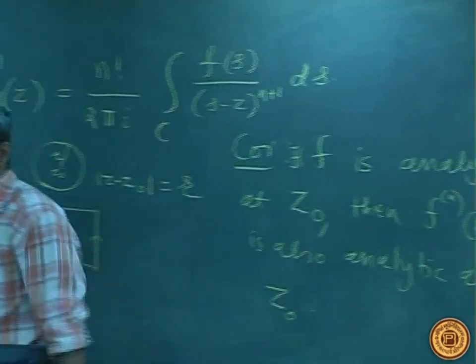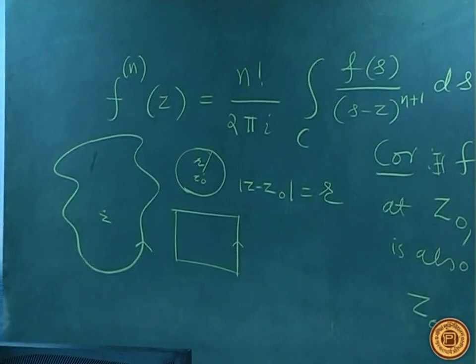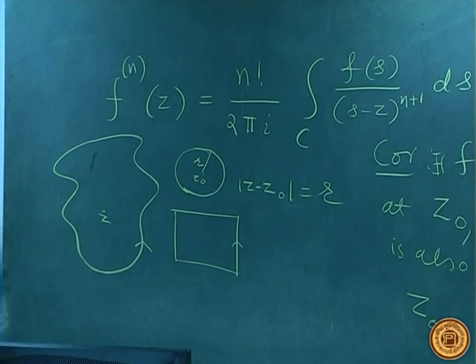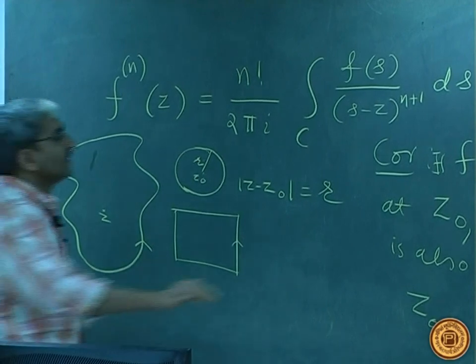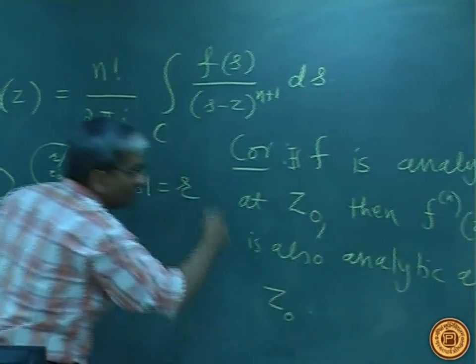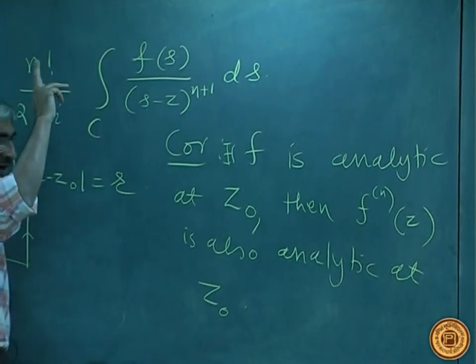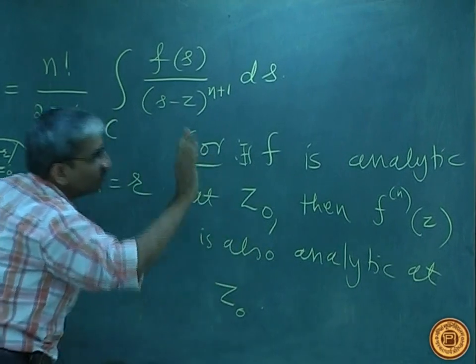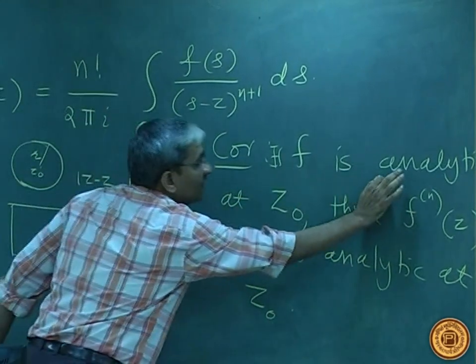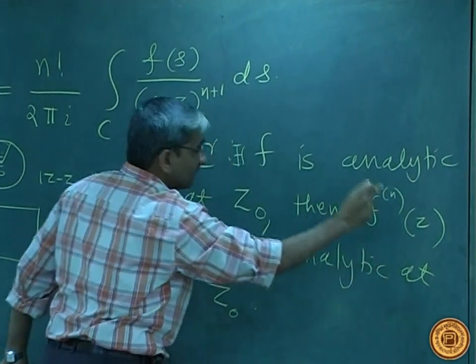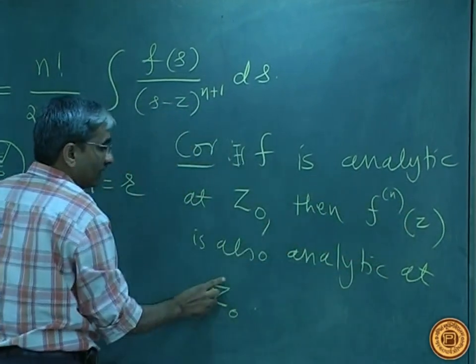A function may be differentiable at one point and differentiable 2 times but may not be differentiable 3 times. Whereas this corollary will enable us to find the Taylor series expansion of the function just on the basis of the assumption that it is analytic. So if it is analytic at z0, all the derivatives of all orders at point z0 are analytic.